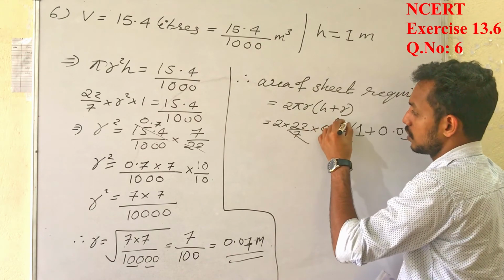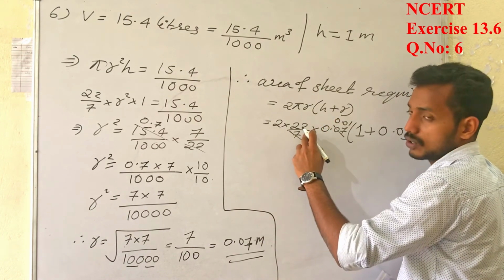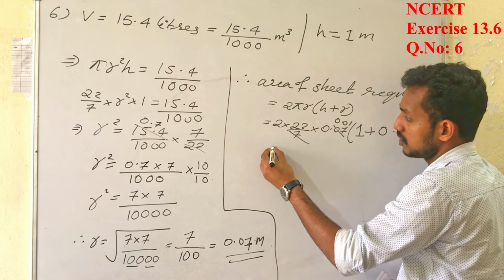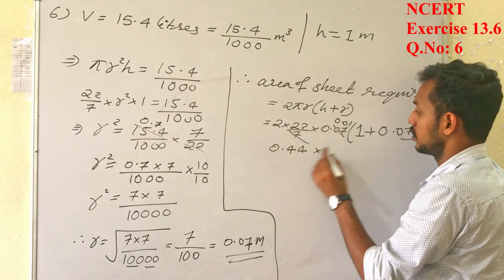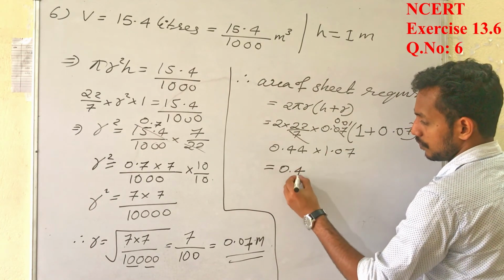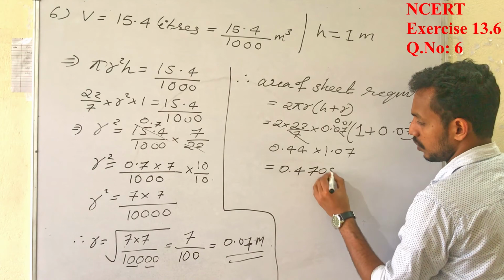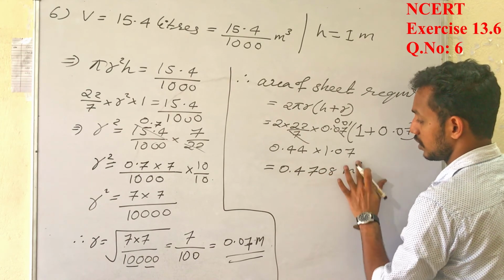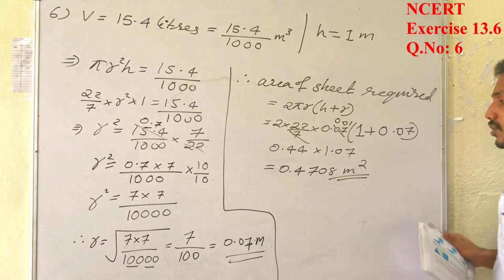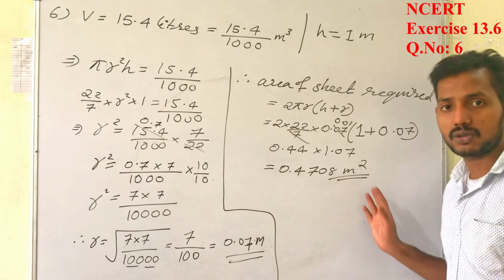Cancel it, we will get 0.01. 2 into 22, 44 into 0.01 will be 0.44, into 1.07, which is equal to 0.4708 meter square, because here we find the area, so the unit should be meter square.